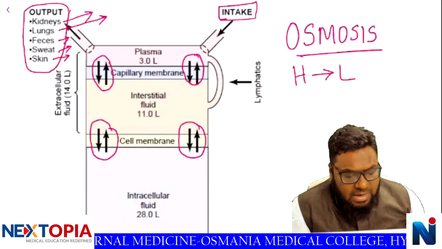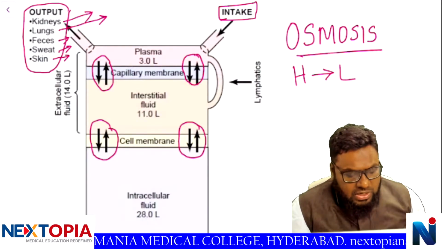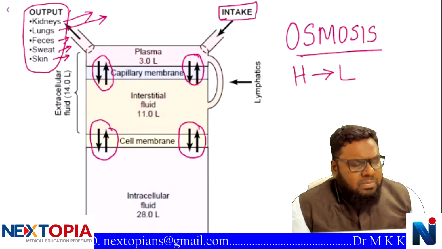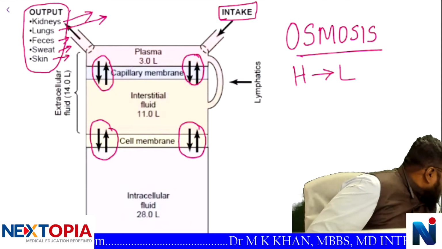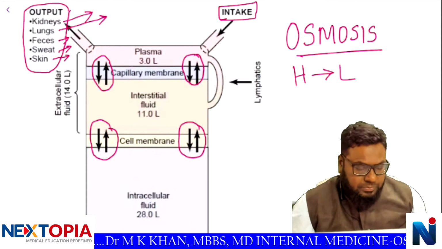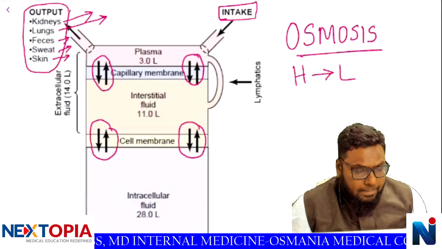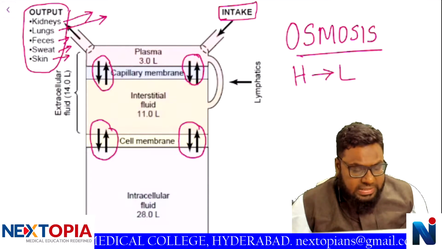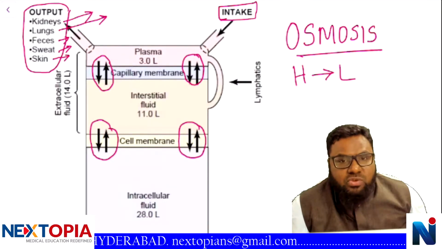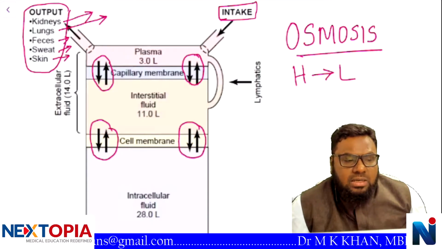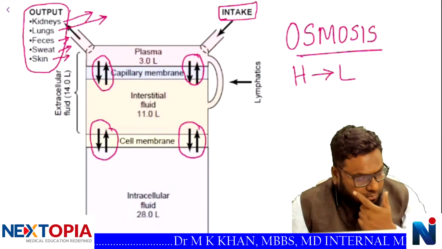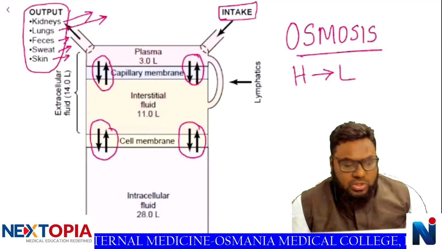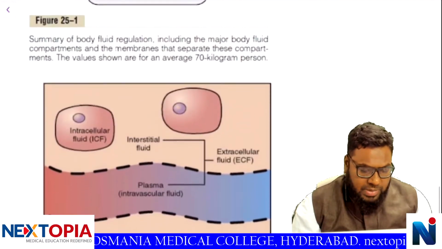In between we have a cell membrane, between the interstitial fluid and the intracellular fluid. The capillary membrane is between the plasma and the interstitial fluid. Movement of water occurs like that, and then ultimately output, through the various pathways I told you.